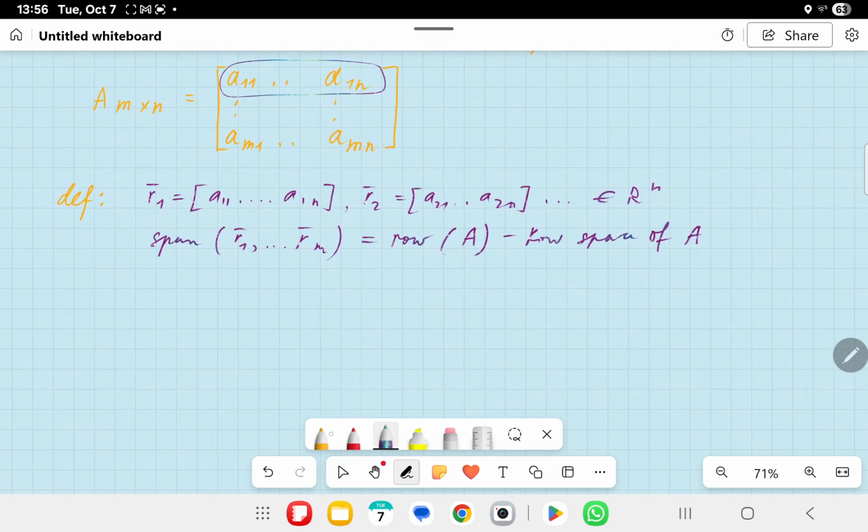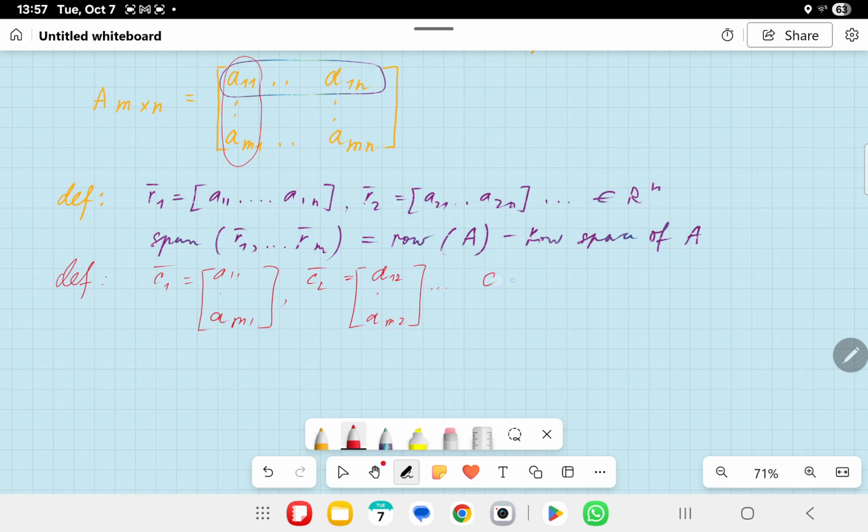And in the same way we are going to define column space. Definition. Column 1 is going to be what? If we cut our matrix into columns instead of rows. So column 1 is a11 and eventually am1, right? Column 2 is going to be a12 and am2, and so on until we reach Cn.